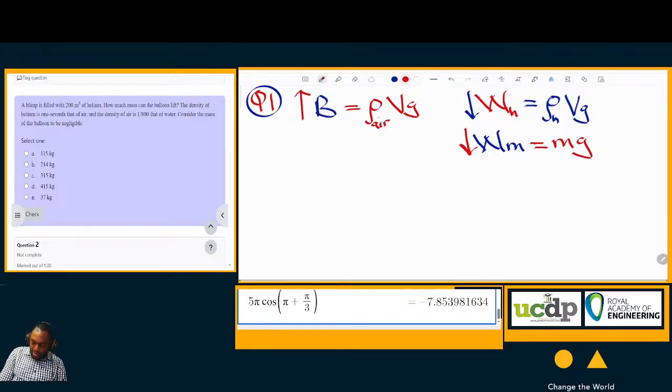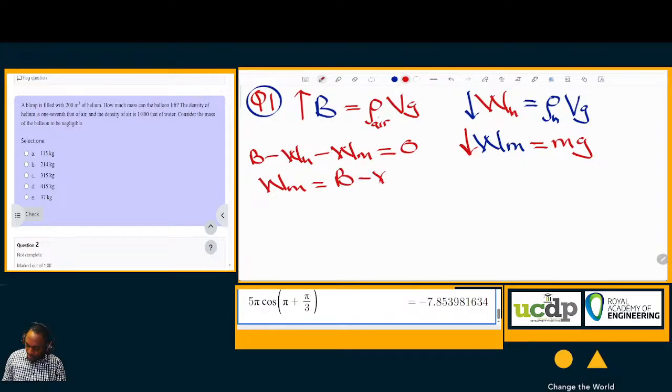Now if we put this in an equation, B minus the weight of helium minus the weight of the mass to be lifted up should equal 0. Now we want the weight of the mass, which will equal your buoyancy minus the weight of helium.